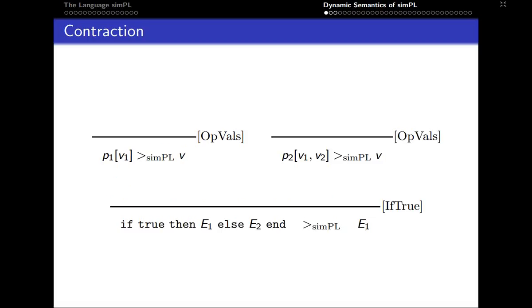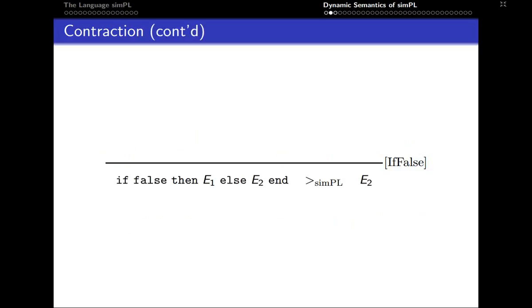Otherwise, I'm going to use the alternative, right? So I'm going to have two separate rules, one for true, one for false. Clear? So the first rule that you see there is for the condition being true, and we have another rule where the condition is false. Okay? Quite straightforward, right?